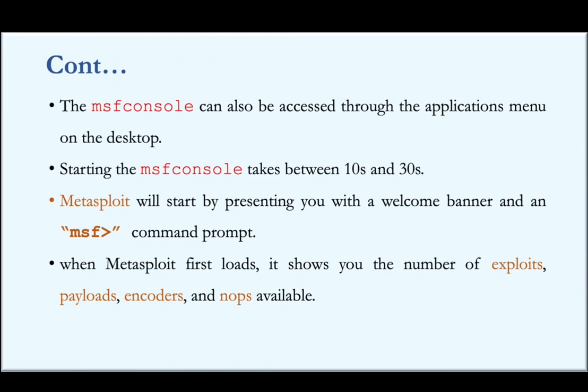Along with this, you'll find another module called the auxiliary module. The auxiliary module does not exploit a target, but can perform useful tasks such as administration, like modifying, operating, or manipulating something on the target machine.